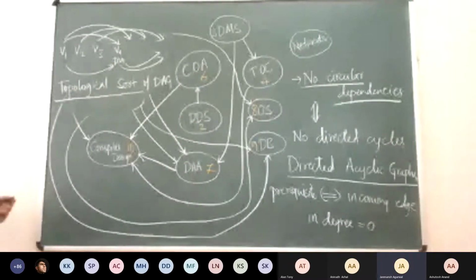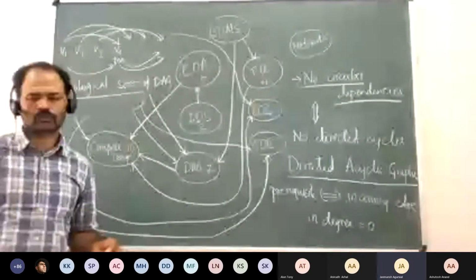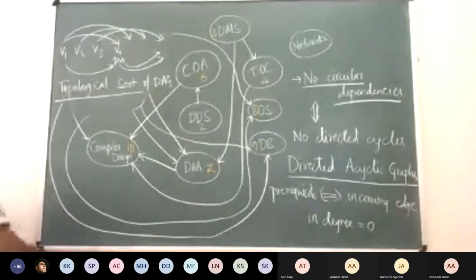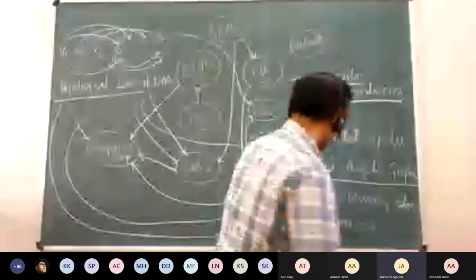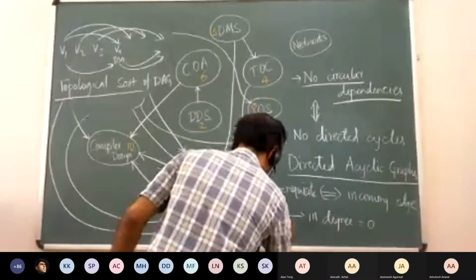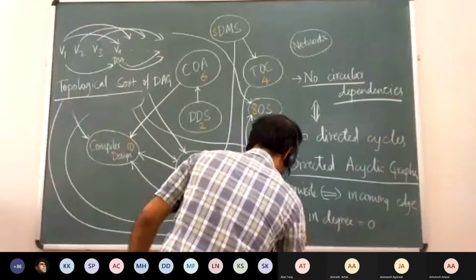But sir, the in-degree won't be 0, right? Indeed, no, no, no. This in-degree won't be 0. The in-degree was 0 for the first vertex, the first vertex in the ordering.